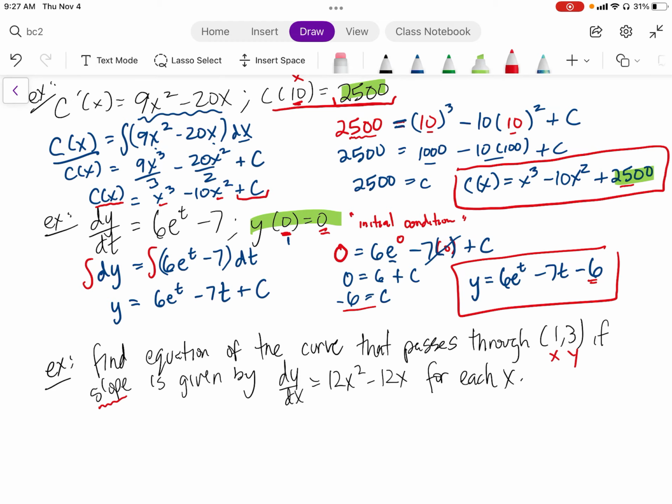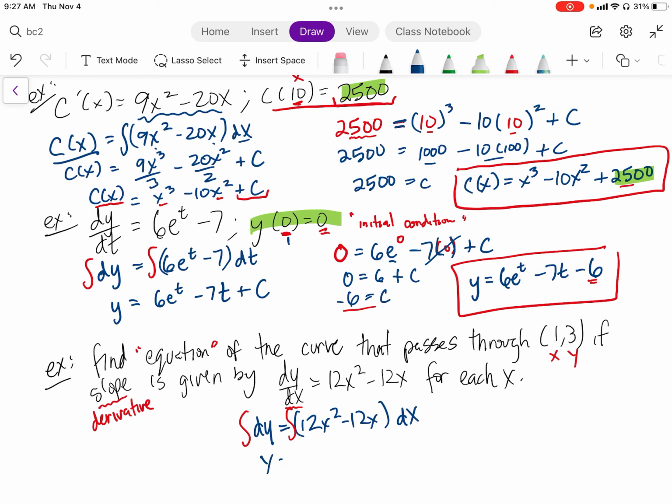So our slope, our derivative, is given by this. So again, we want to think of moving that dx over first. So if that's the derivative, and I'm going backwards because I'm trying to find the original equation, then I'm going to integrate.